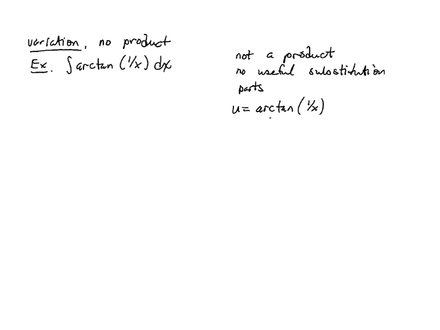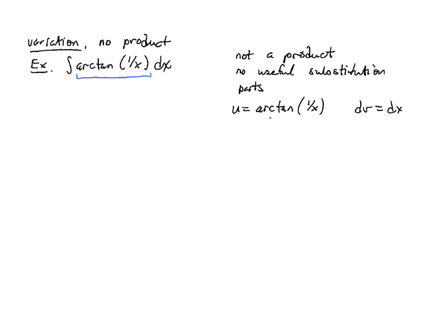And we're going to let dv, once you make the choice of u over here, dv is what it has to be. It's the leftover pieces from the integrand. And this seems like a silly thing to do, but we'll see in a moment exactly why it's useful.